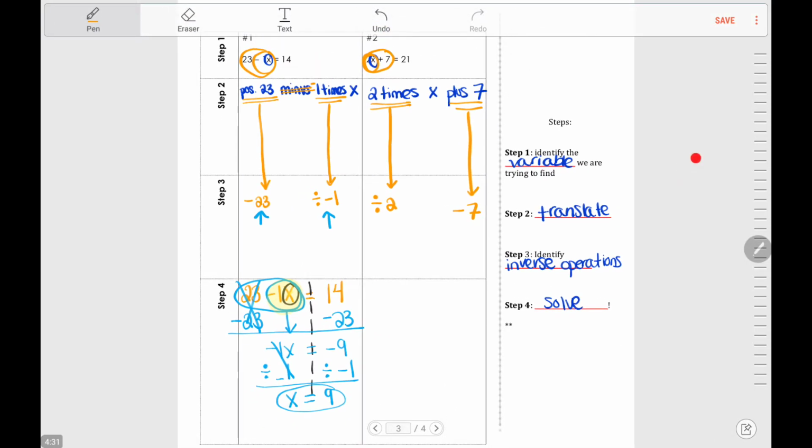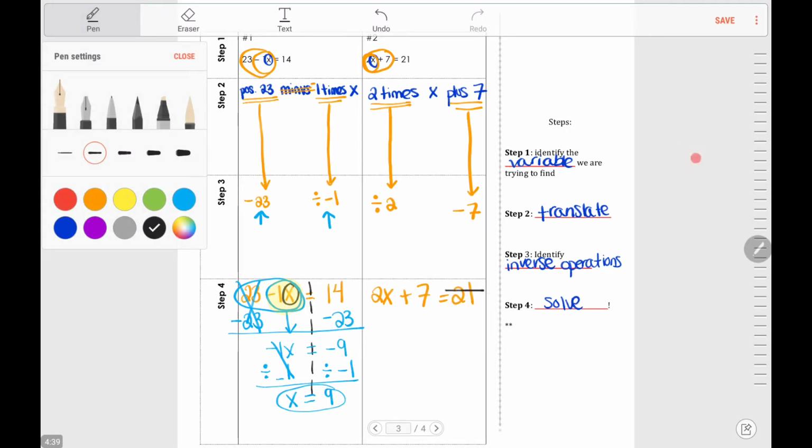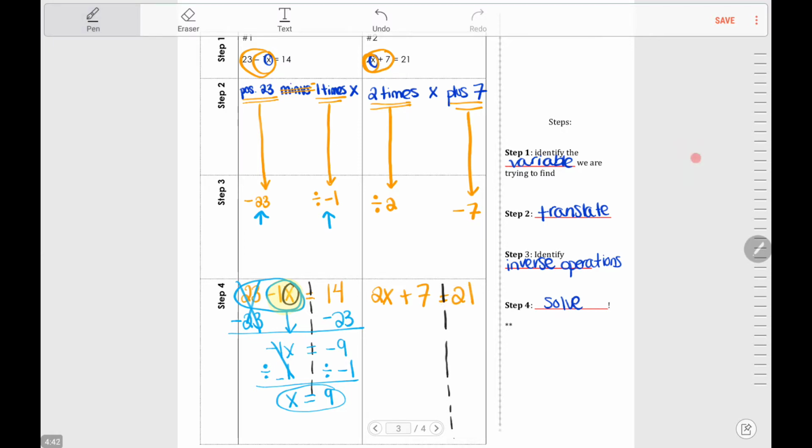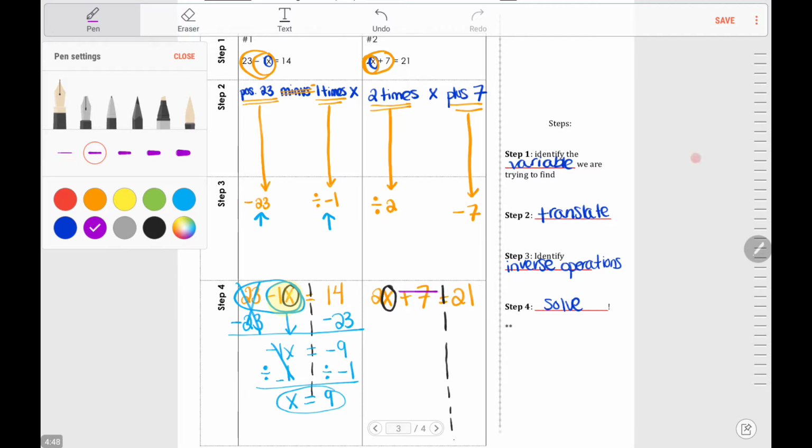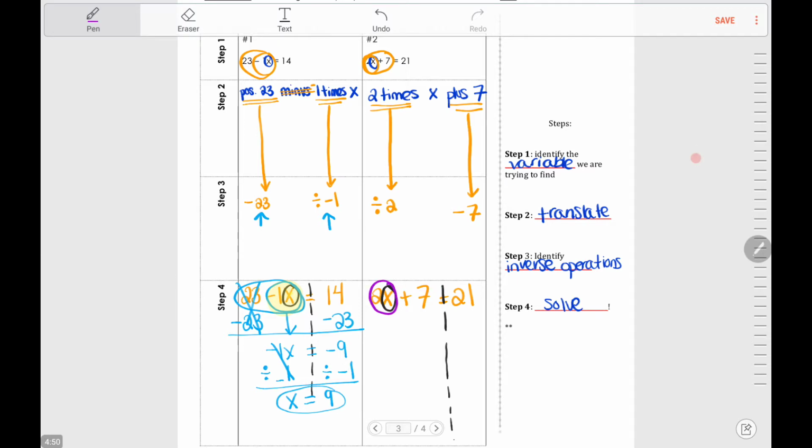Okay, so which one am I going to do first? Let's write down our problem. Let's go ahead and drop this down. Okay, I'm going to draw my layers again. I have my 2x, the first thing affecting the x, and the second thing. But I need to start from the outside in.